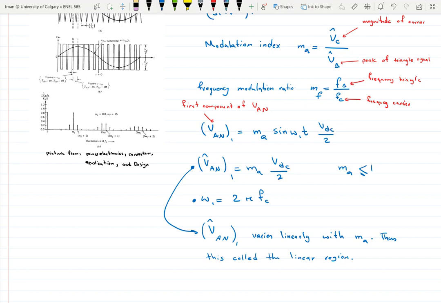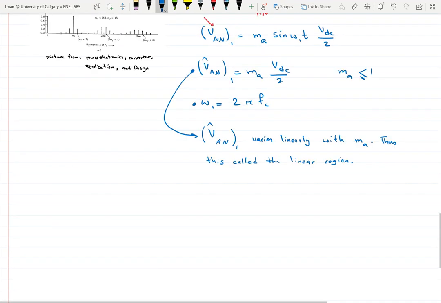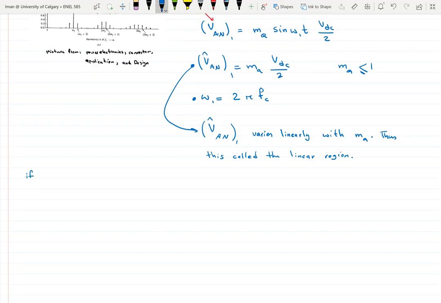Okay, so if MF is larger than 9, so sufficiently high, the harmonic amplitudes are almost independent of MF.